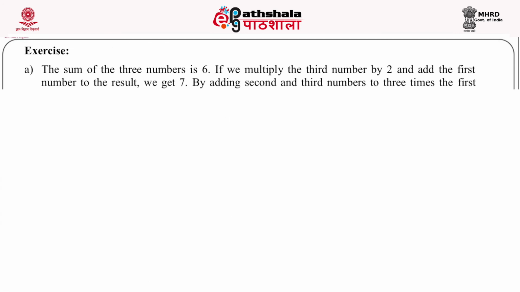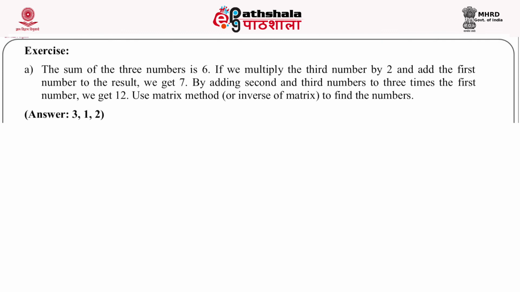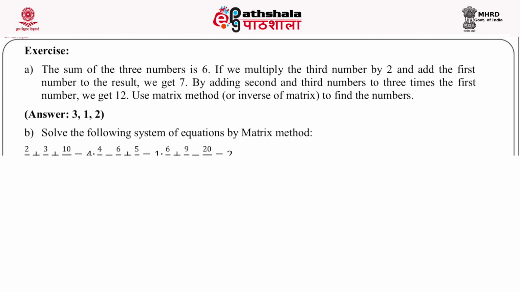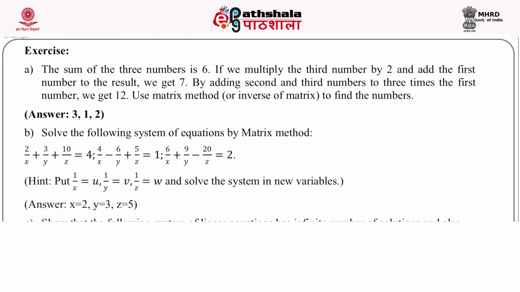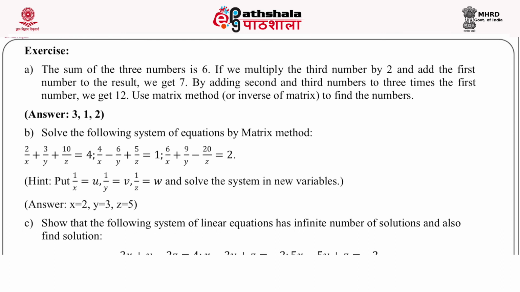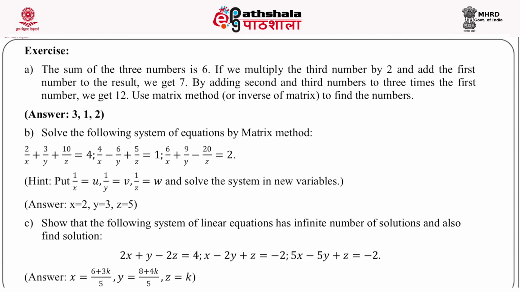Now let us find the A dash inverse. For that, first of all, again find the adjoint of A dash matrix. For this, find the cofactors of elements of matrix A dash. Here the cofactors are given by this matrix. So adjoint of A dash is given by this matrix, and A dash inverse is given by 1 by determinant of A dash matrix into adjoint of A dash matrix, which is this matrix.